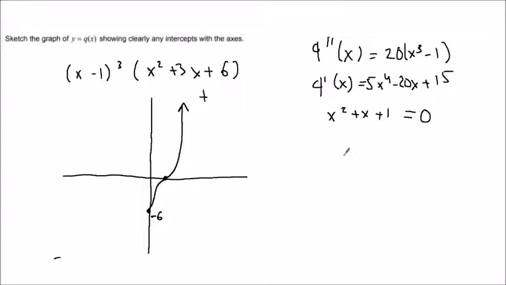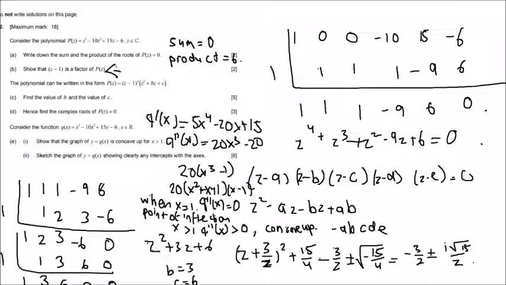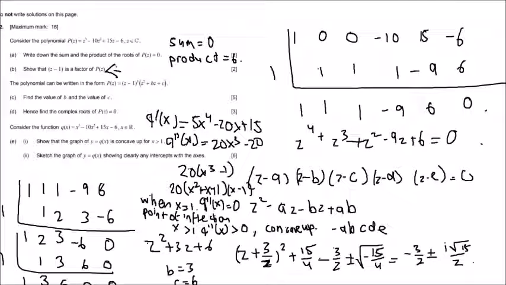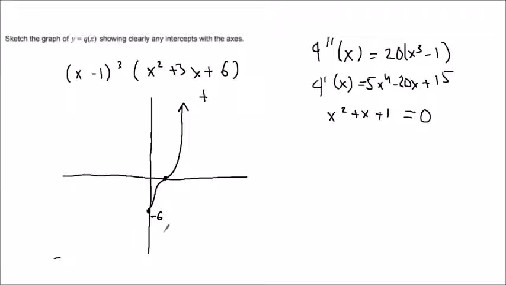Is there a solution to this? I don't think there is, because b squared minus 4ac gives you minus 3. So I think that's the only solution.